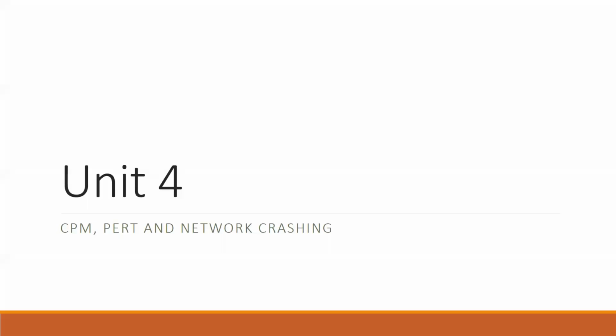PERT stands for Program Evaluation and Review Technique, and CPM stands for Critical Path Method. These help us with project planning, scheduling, and controlling of the objectives we just highlighted, that is, using time, money, material, and so on to the optimum.